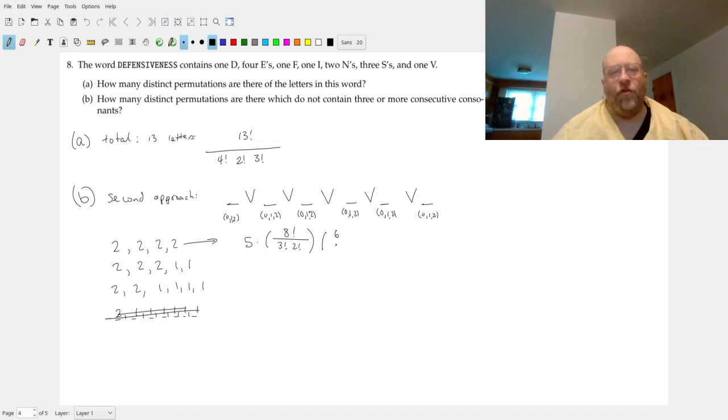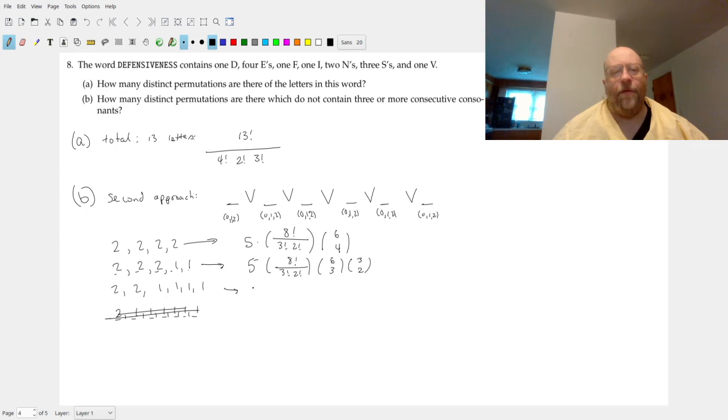So 6 choose 4. And then same thing here: arrange the vowels, arrange the consonants. And then choose out of the 6 slots, 3 slots that will take pairs, and then 2 more slots that will take singletons. So out of the 3 remaining slots, choose 2 of them.